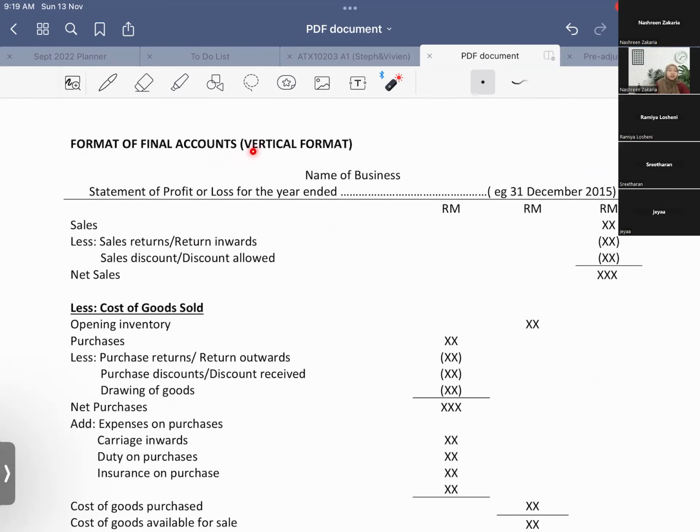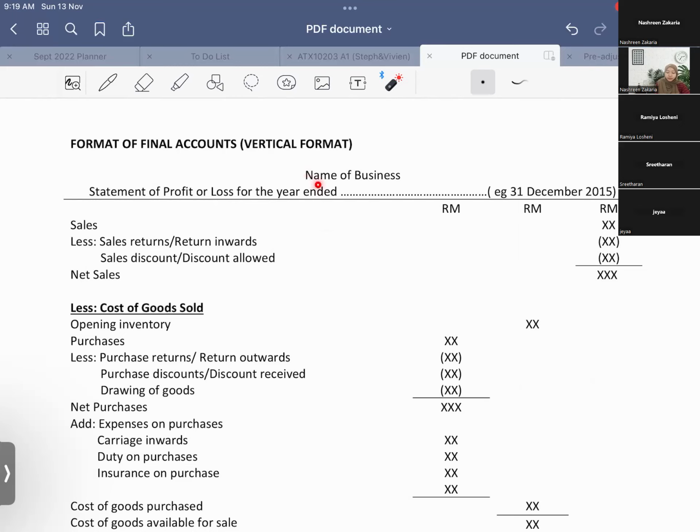One is vertical, another one is horizontal. But in the exam, they will ask you to prepare the vertical format. So like this format. Format here means that whatever is in here, you need to follow. You cannot simply put, you cannot simply do it on your own. You have to follow the format exactly.